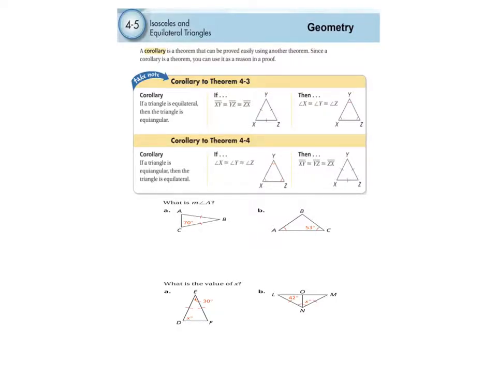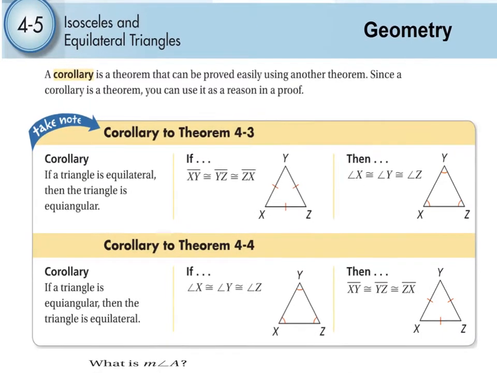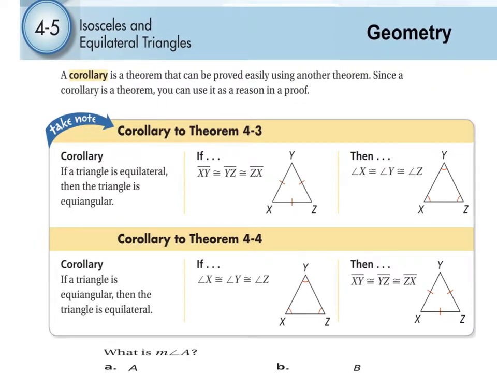The next part is the corollary to all this. A corollary is a theorem that can be proved easily using another theorem. Since a corollary is a theorem, you can use it as a reason in a proof. To be honest with you, we won't use these very often in a proof, but I just want to show them to you because it is something that you will use in examples.